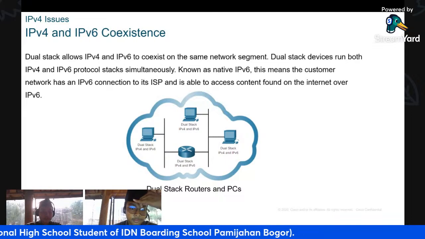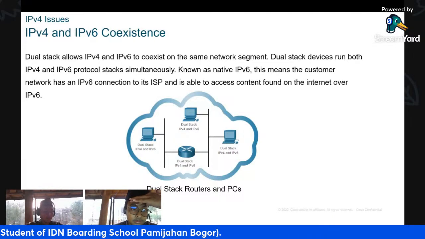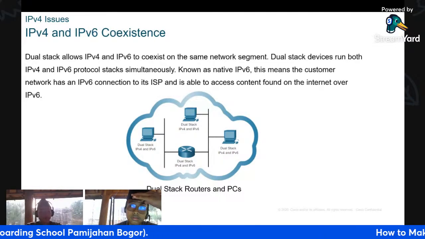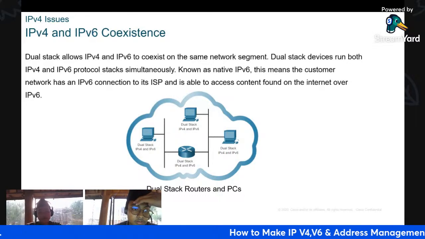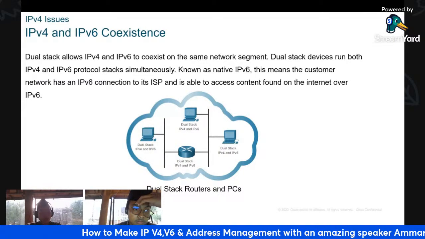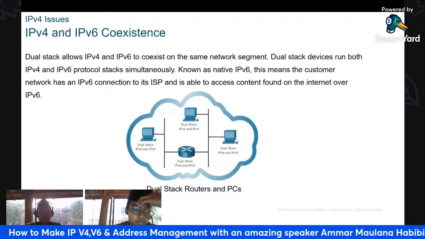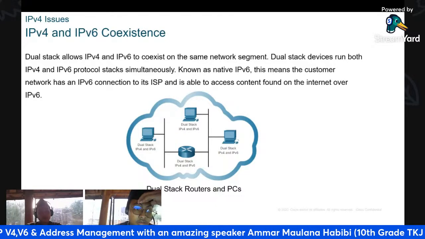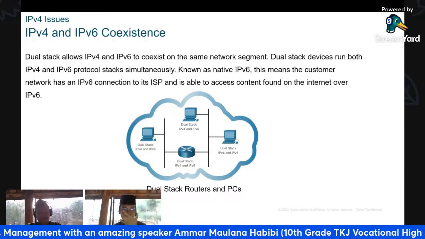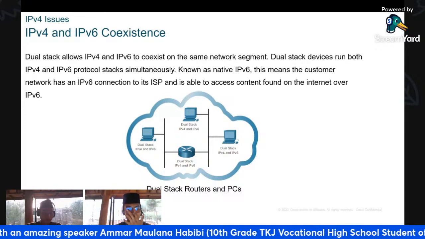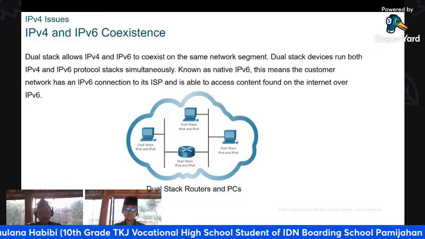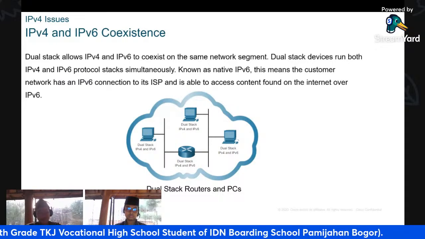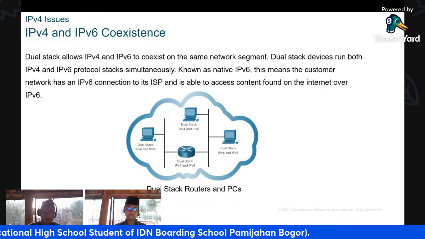IPv4 and IPv6 coexistence. Dual stack allows IPv4 and IPv6 to coexist on the same network segment. Dual stack devices run both IPv4 and IPv6 protocol stacks simultaneously. Native IPv6 means the customer network has an IPv6 connection to its ISP and is able to access content found on the internet over IPv6.